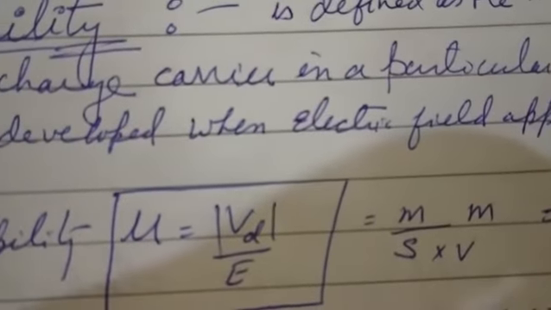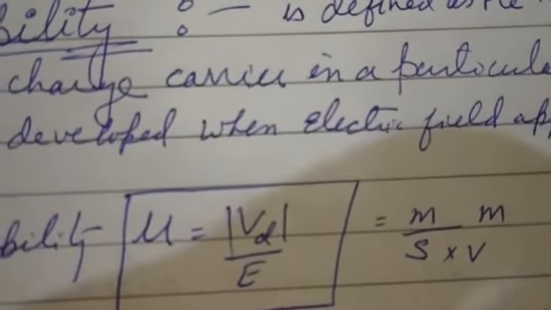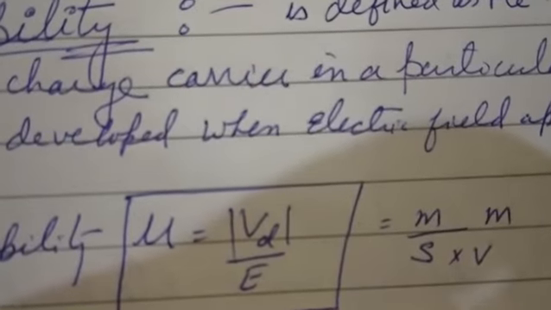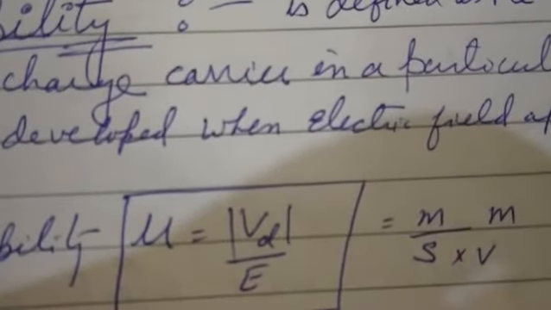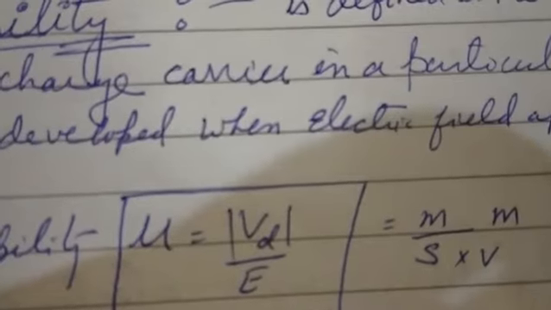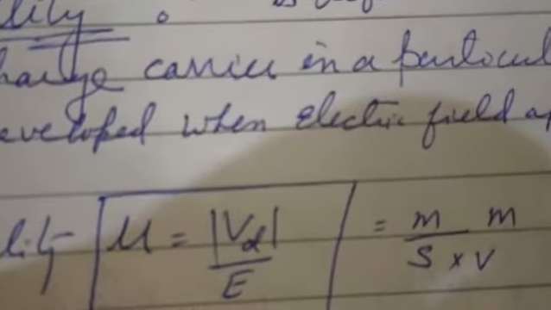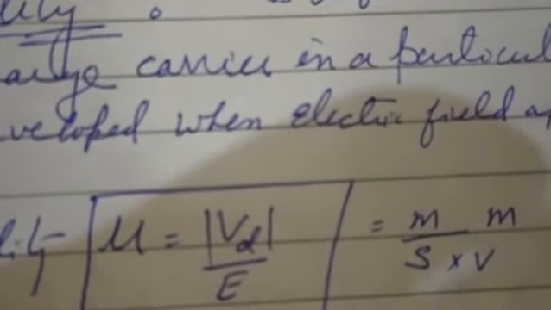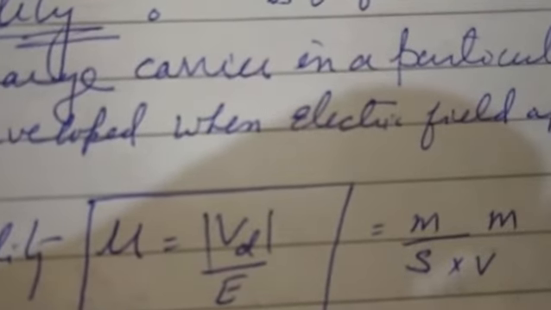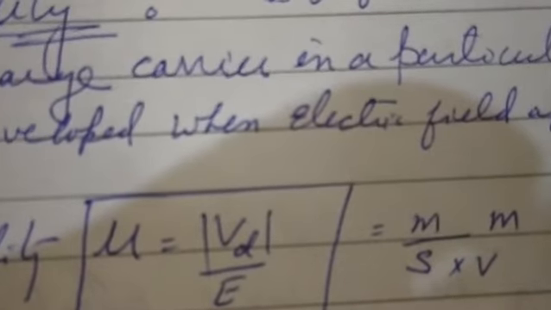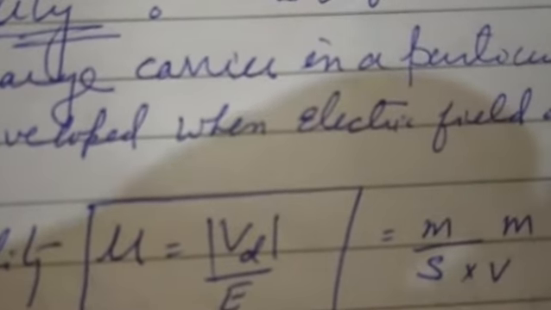So with the help of this we can find out which material is suitable, because drift velocity for different materials is different, and it depends upon the medium also. So if we apply a unit electric field and the drift velocity is more, its mobility will be more.